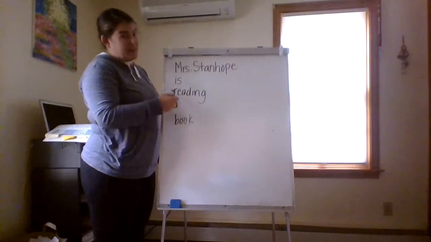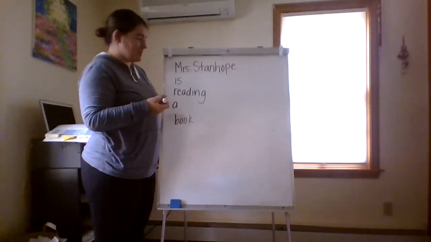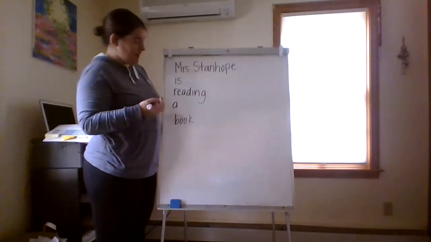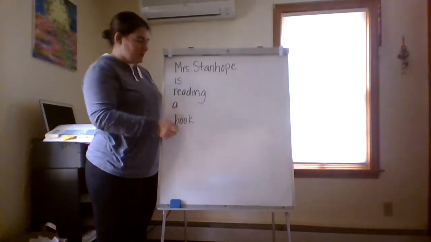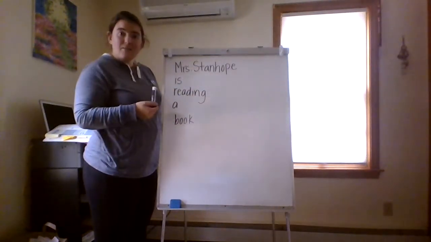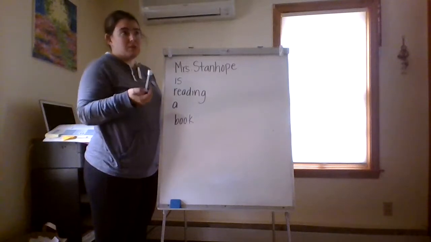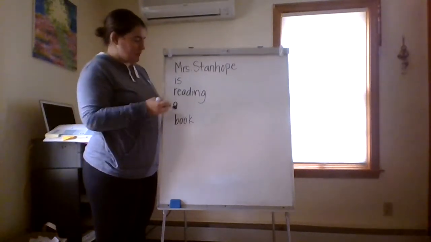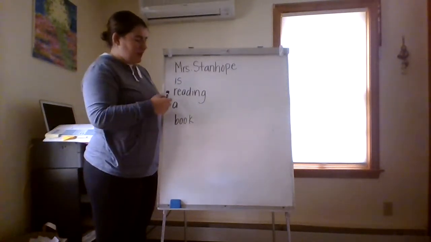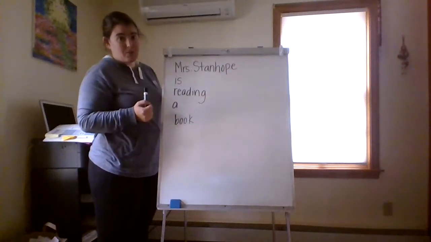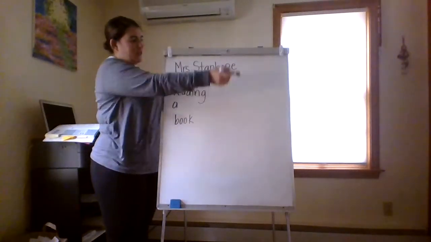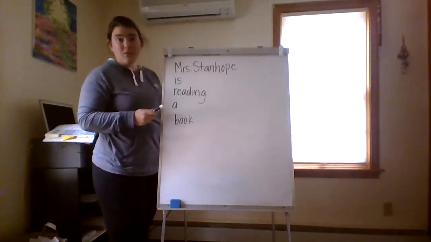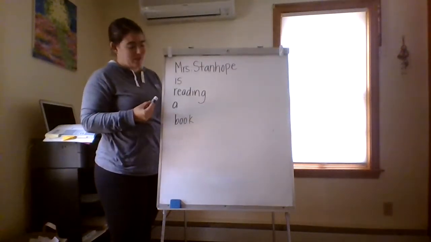A is only one letter, so that one's a little bit different. The first letter and the last letter are the same. And I noticed that a lot of these words, except for maybe Mrs. Stanhope, I've seen in different books that I've been reading. I see is all the time. I see reading every day at school. We talk about it. It's in our schedules every day. So there's a lot of things that we can notice about different words that we see.